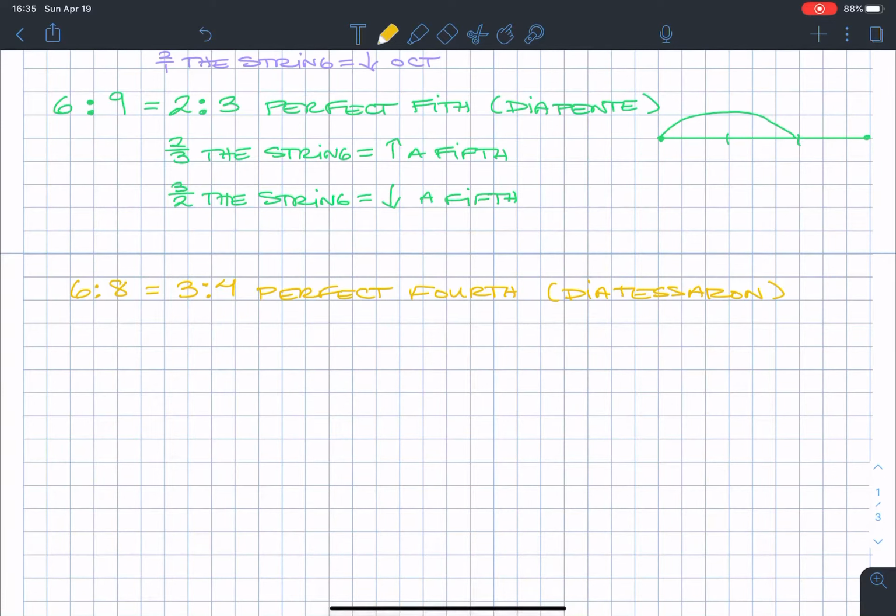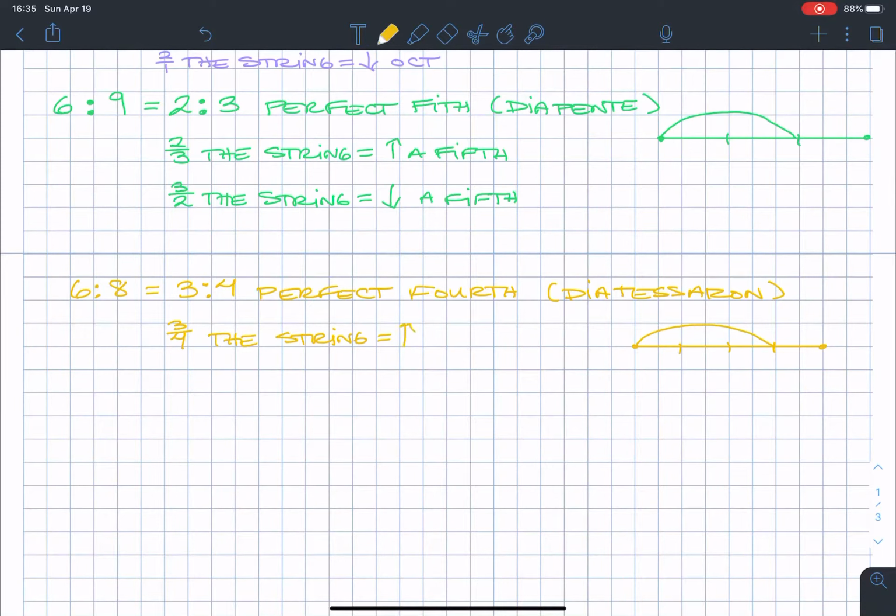Okay, so that means if I have 3/4 the string. Okay, so let's look at that again. So let's say we have 1, 2, 3, 4. So this is my string. 1, 2, 3. So if I have 3/4 the length of my string, of course I'm going up.